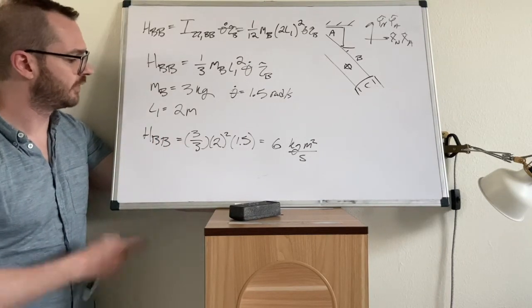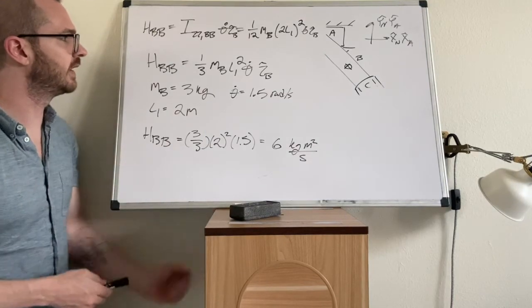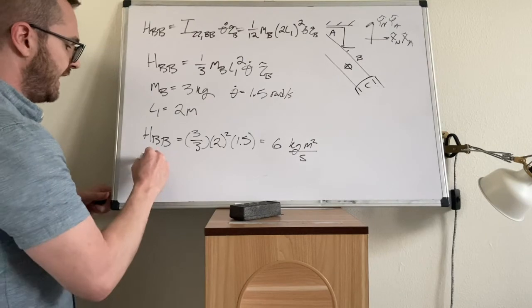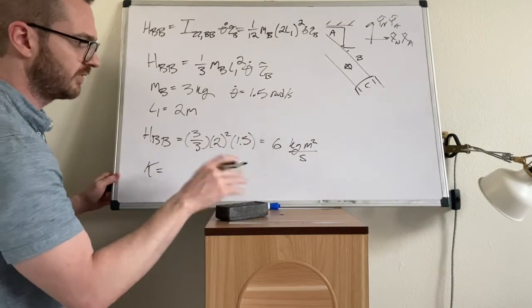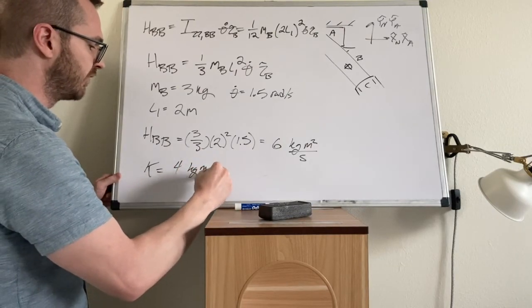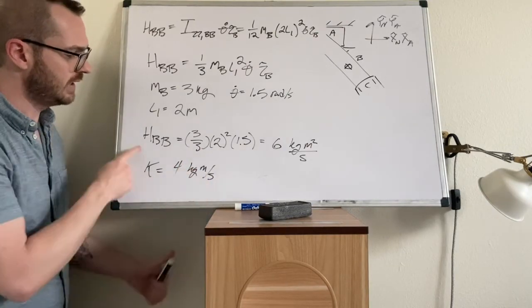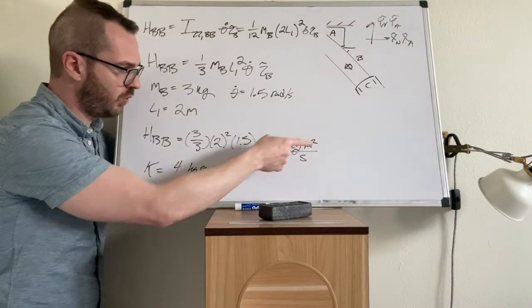Okay, so your answer to your homework problems needs to look something like K equals 6, kilogram meter per second. And then your angular momentum would be kilogram meter squared per second.